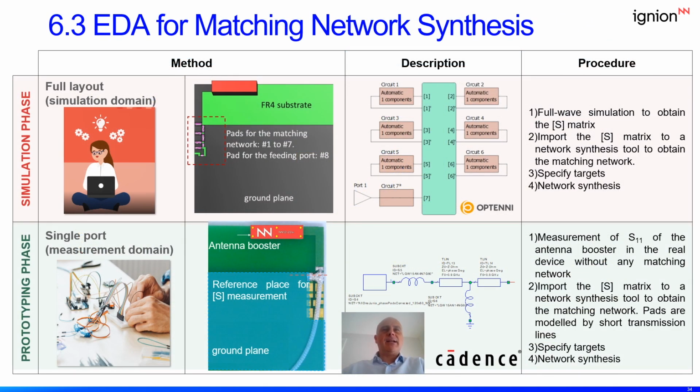As far as matching network synthesis is concerned, you have some available tools such as OptenniLab from Optenni, Microwave Office from Cadence AWR, where you can easily obtain the matching network considering real components.